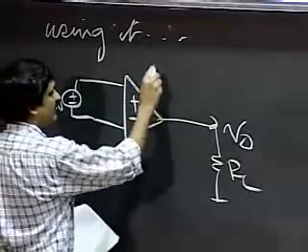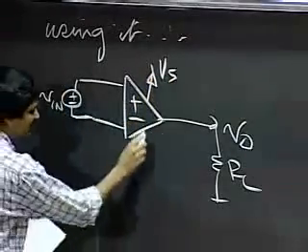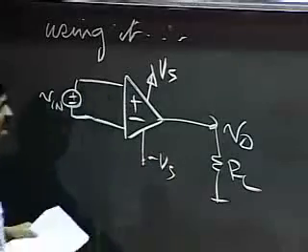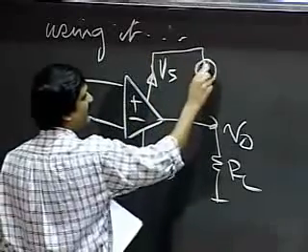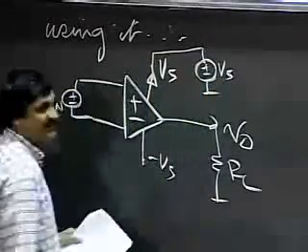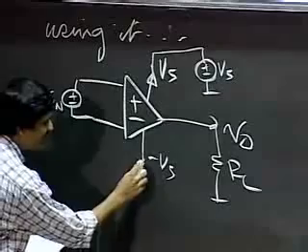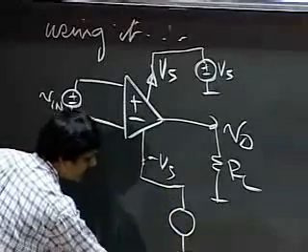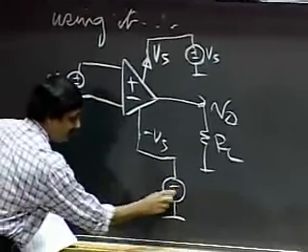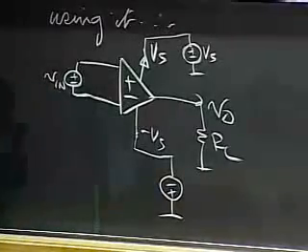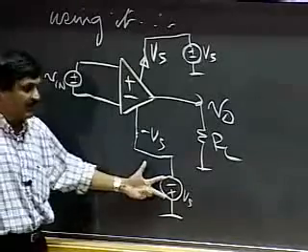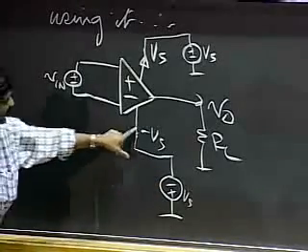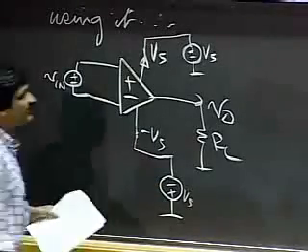And here, I'm going to apply a plus Vs, and out here, a minus Vs. Okay, and again, remember that a plus Vs simply looks like this, and a minus Vs simply looks like this. Okay, so it's just an inverted Vs applied here, so I get a minus Vs at this input.